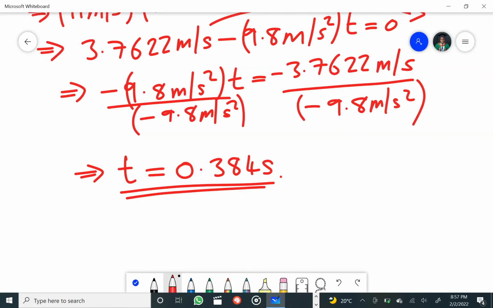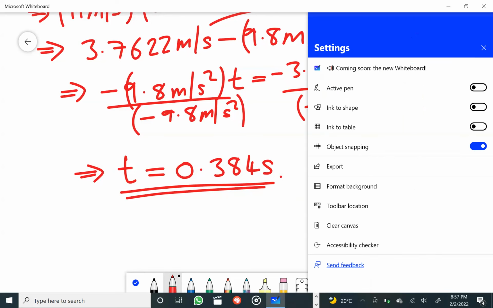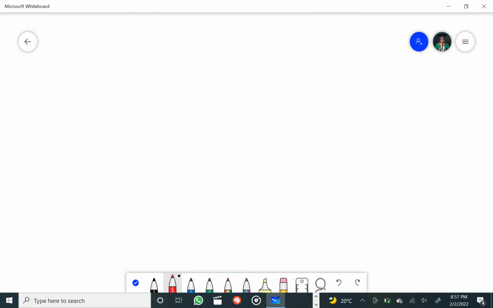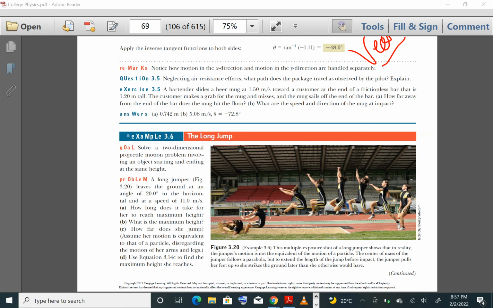And then the other question, which is D, says, what is the maximum height? Since we've got the time, this should be a straightforward thing, isn't it?